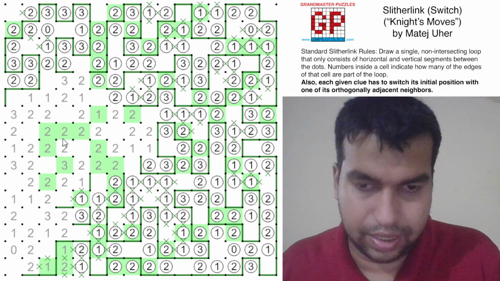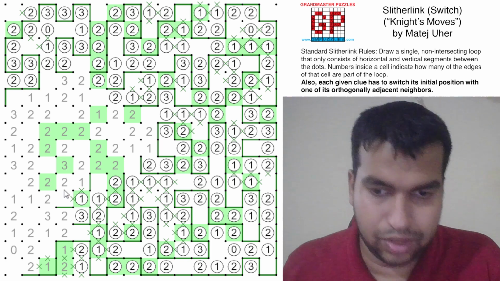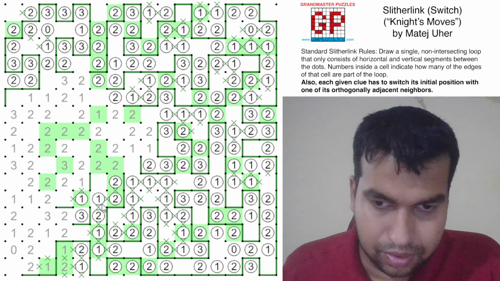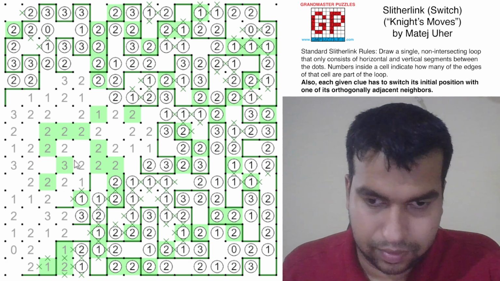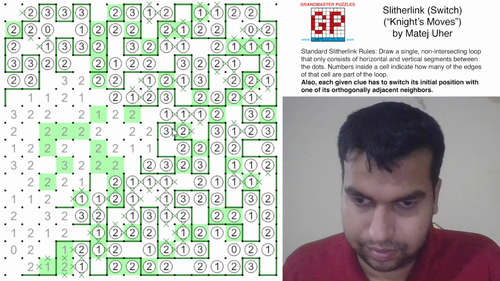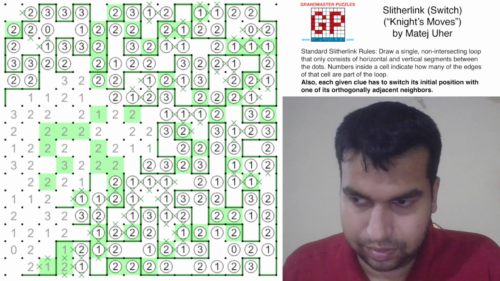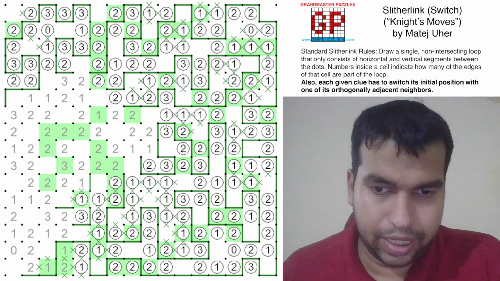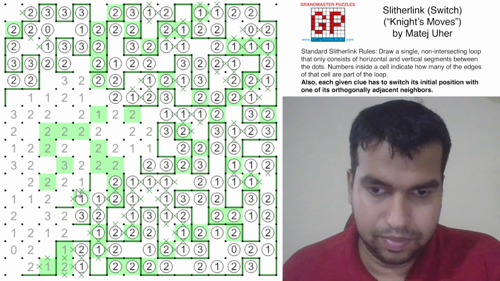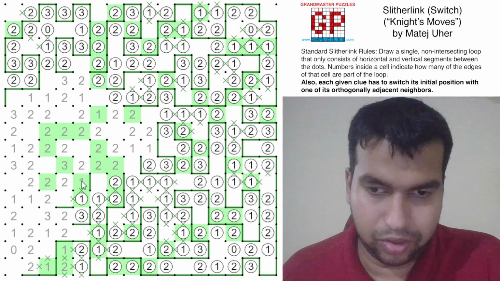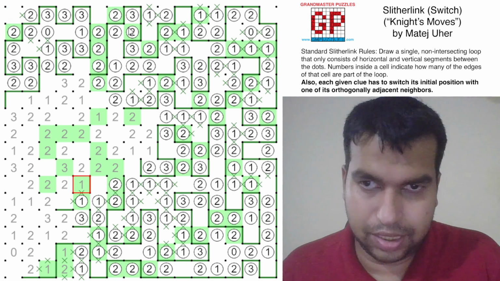Actually, this one didn't have to because it's next to the 3. Right. I'm not getting much progress moving through. This also has to be a 2, but that doesn't give much either.